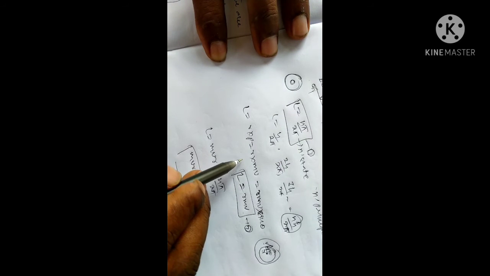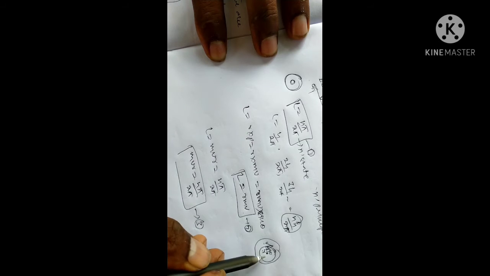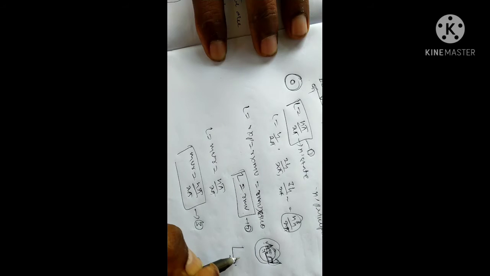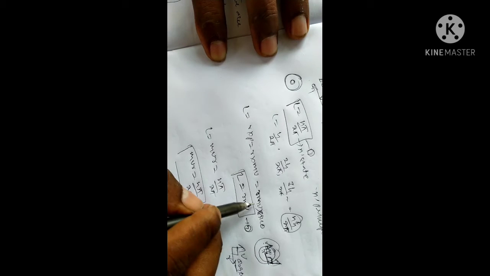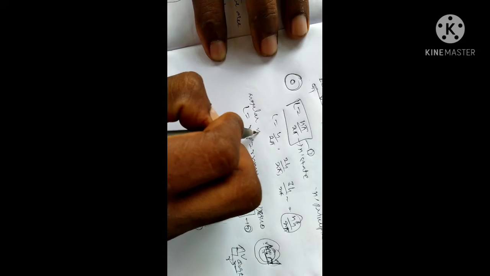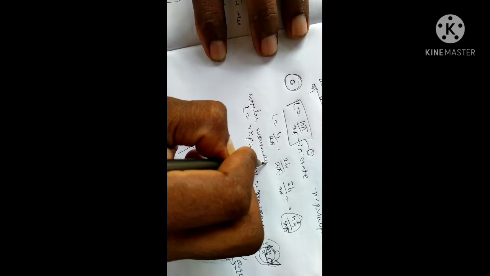This is the angular momentum of the rotating electron with a fixed radius. The electron's velocity is perpendicular to the radius, like this, at an angle of 90 degrees. Theta is equal to 90 degrees in mvr sin theta, sin 90 is 1, so L is equal to mvr. This is the angular momentum.